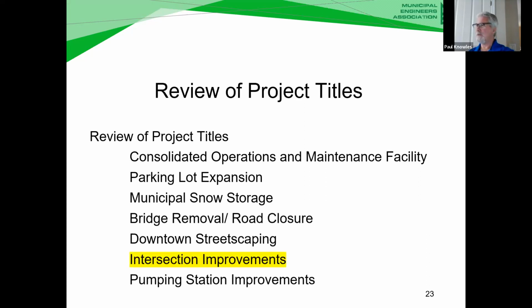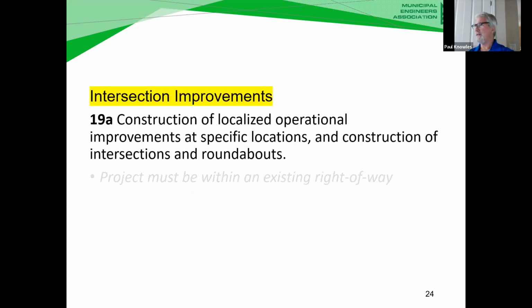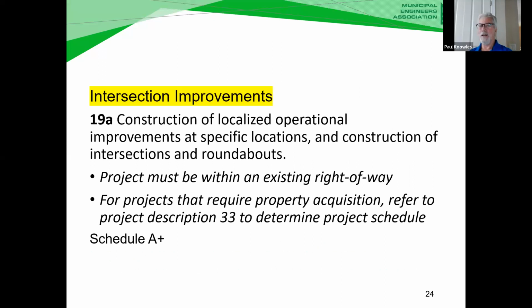Intersection improvements. Many of these are exempted, and here you really have to get into the detail. Is there property acquisition involved, and how much? If you're dealing with an intersection improvement, it's possible that it is designated B or C, but there's a good chance it's not.